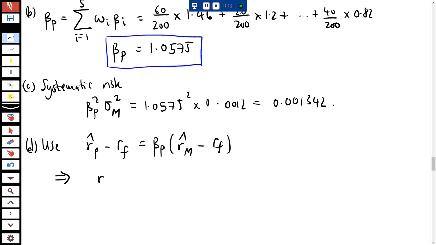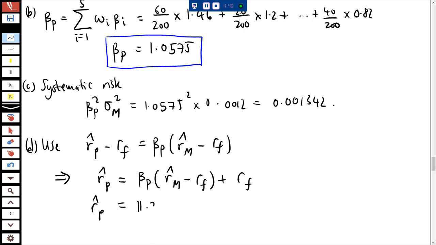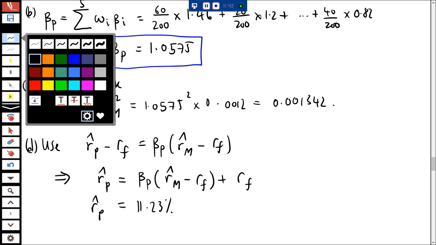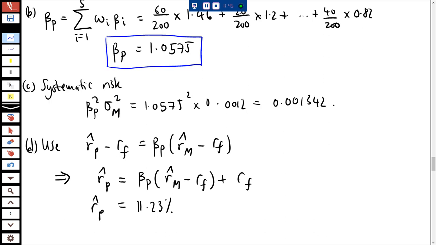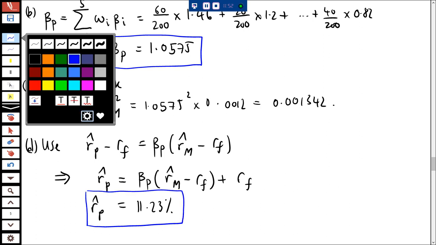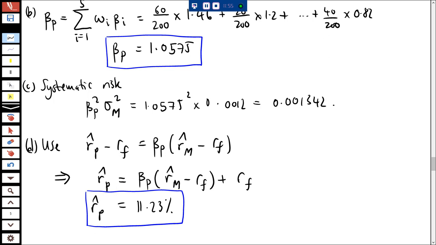This tells us the expected return on the portfolio is the beta of the portfolio times the excess market return compared to the risk-free, plus the risk-free. Drop all those numbers in. I make that 11.23%. Okay, all of the numbers are there, just drop them into the calculator. Okay, that completes part D.